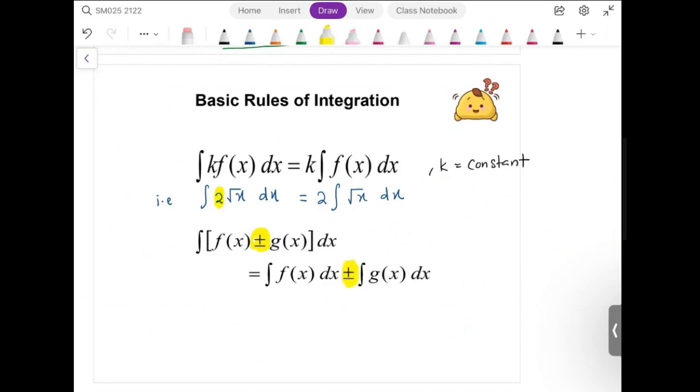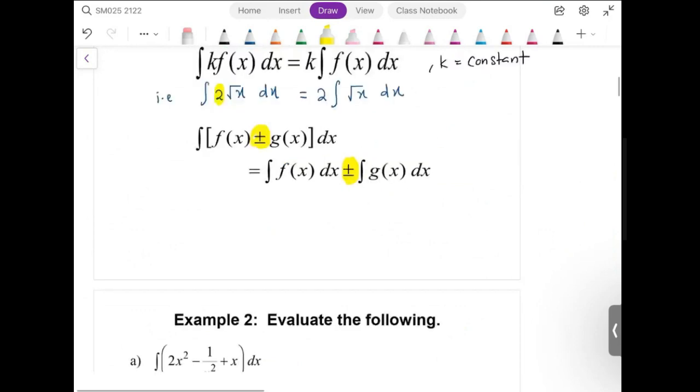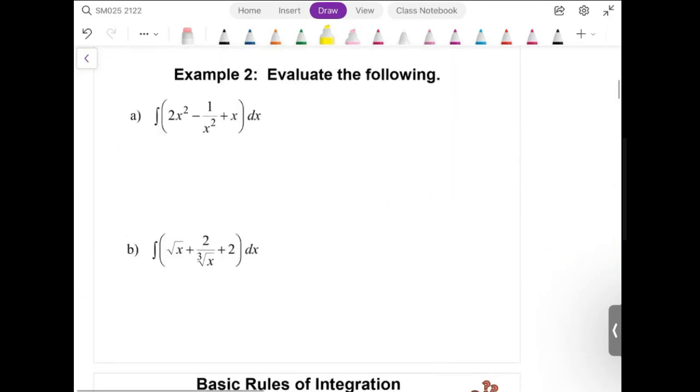If it's involving multiplication or division, then tak boleh. Kalau dia melibatkan hasil darab ataupun hasil bahagi, then kita tak boleh pecahkan benda tu. Nanti kat 1.3 kita akan go through macam mana nak integrate kalau melibatkan multiplication or division. Okay, let's go through next example.